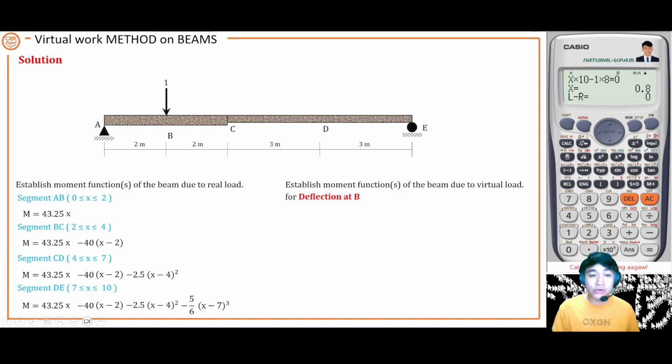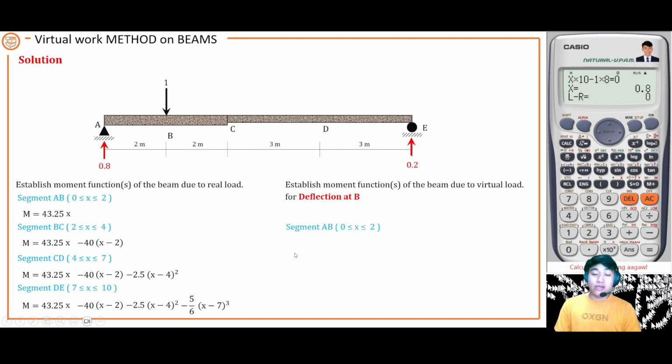So the answer is 0.8. The reaction at A is 0.8. Therefore, we need 0.2 here so that it will be in vertical equilibrium. So these are the reactions at the supports loaded with the virtual unit load at point B, since we are solving the deflection at point B. We only have two segments here.